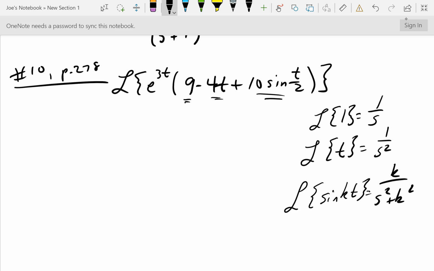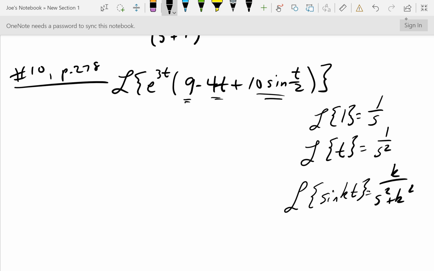So we can use each of these Laplace transforms to compute the Laplace transforms of the 9, the 4t, and the 10 sine of t over 2. Again, remembering that the Laplace transform is linear, and we can pull out the constant. So this is like 9 times 1, this is 4 times t, this is 10 times sine of t over 2. And also noticing that our k value here is 1/2 for the sine function.